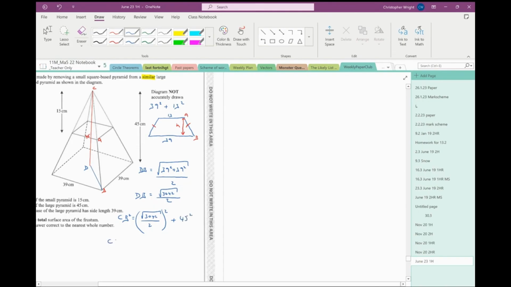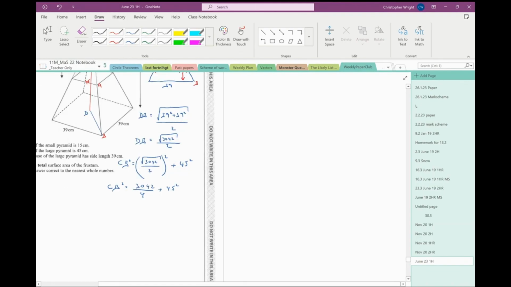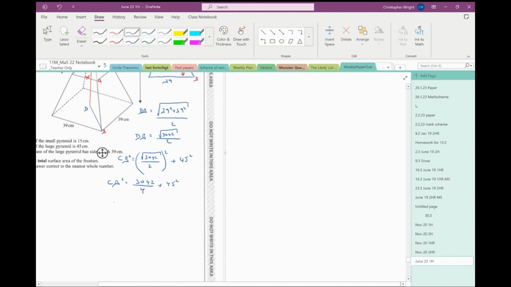So CB squared is 3042 over 4 plus 45 squared, which means that CB is the square root of 2785.5.